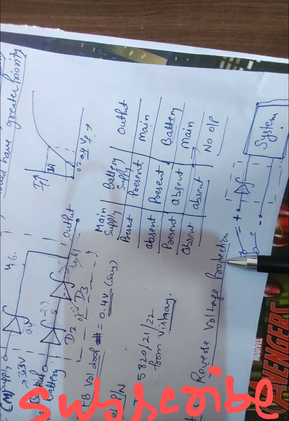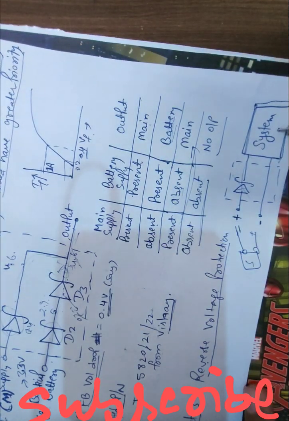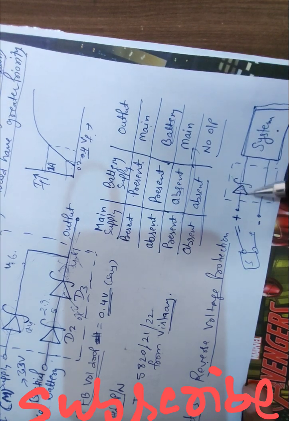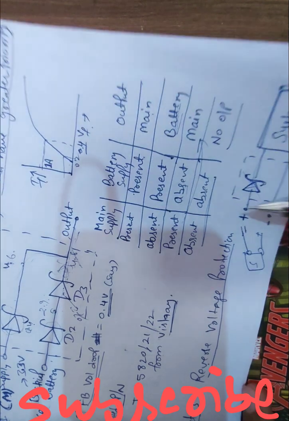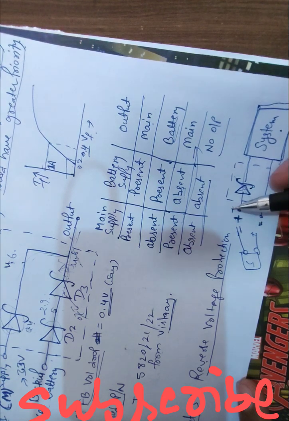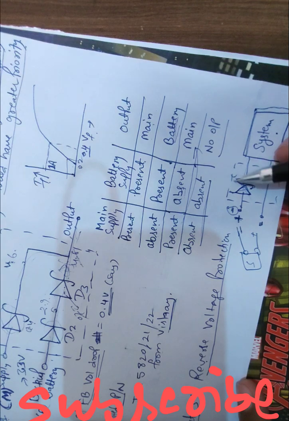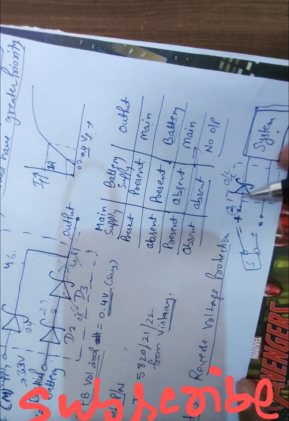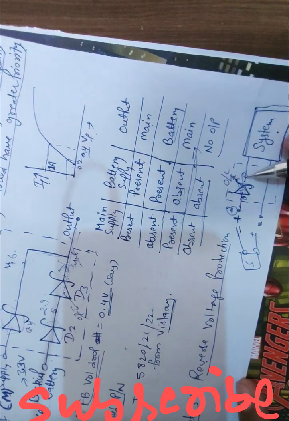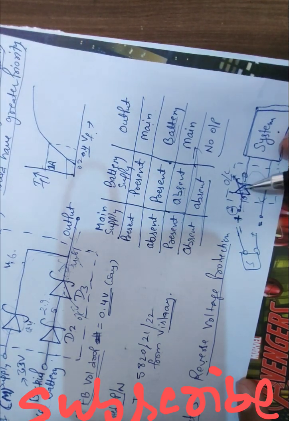If someone by mistake connects a reverse voltage, your system will be protected if you just add a Schottky diode here. If someone connects the negative terminal here, this diode will be in an open condition, an open circuit, and the circuit will not be completed.